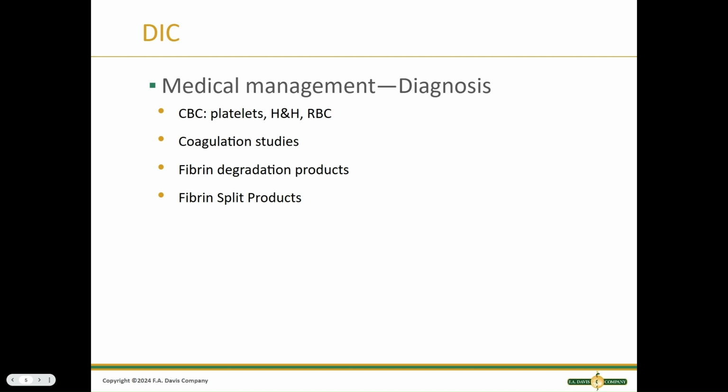Some of the other lab work that we're going to notice is our CBC. We're going to notice a decrease in our red blood counts, our platelets, and H&H. With our coagulation studies, again, we're going to see an increase in that PT, PTT, and INR.